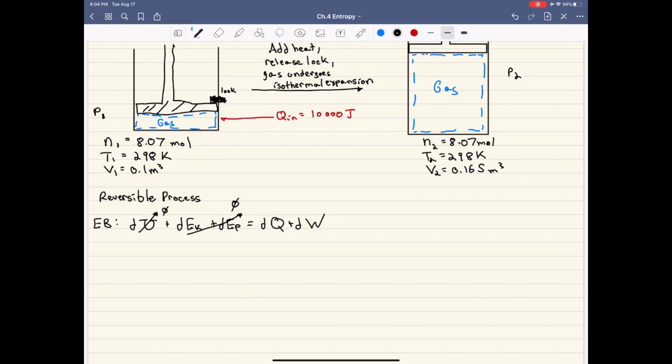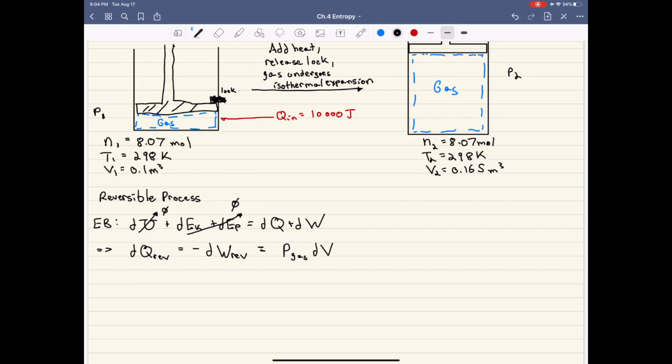For the reversible process, the dQ reverse is going to be equal to the negative dW reverse. And we know for mechanical work, the negative dW reverse is just P gas times dV.